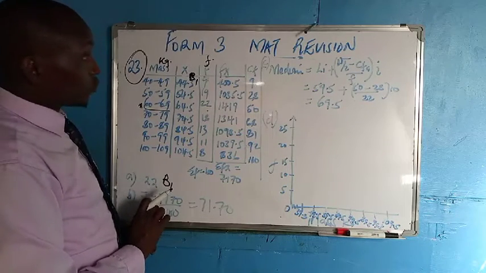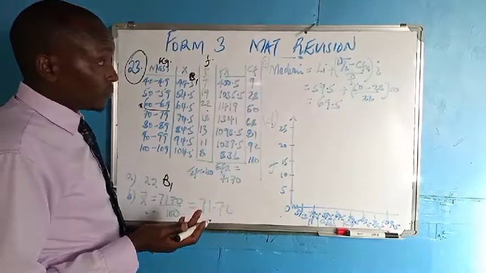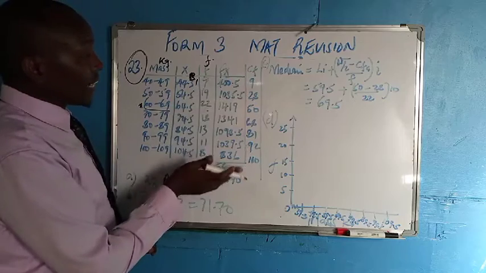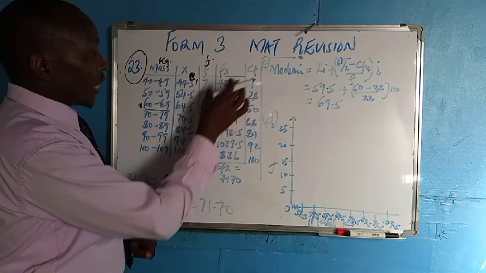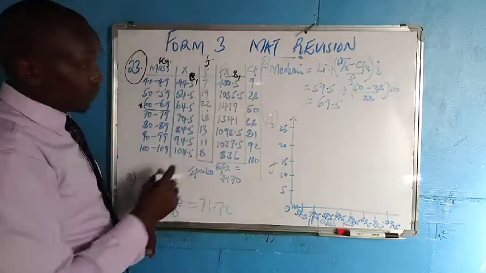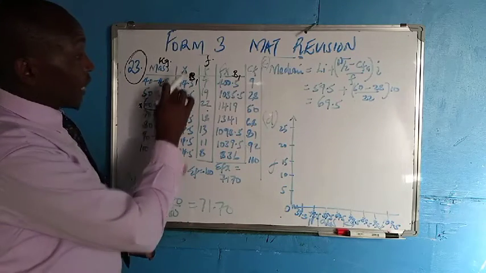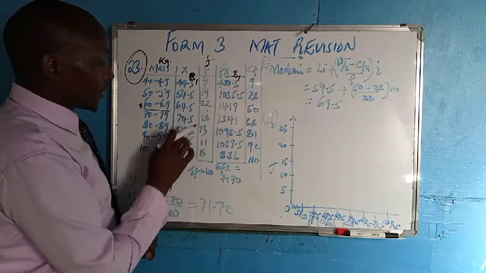For this one, the student was not supposed to use the assumed mean or the working mean method. So we are just going to do it directly. So we do fx, f times x. Again, I expect to see all these well done. With your calculator, you can even confirm my working here.